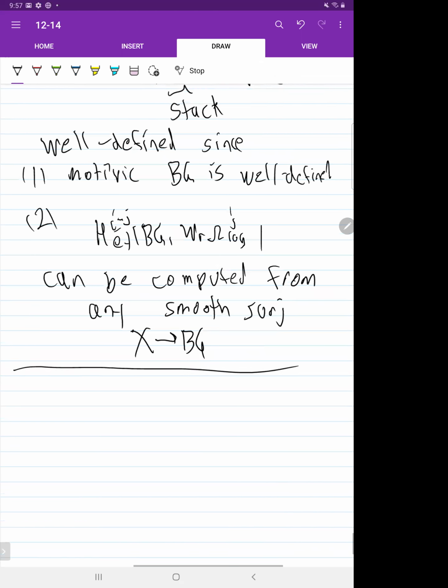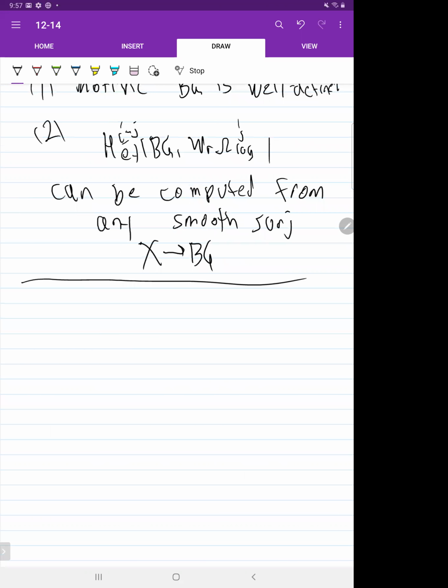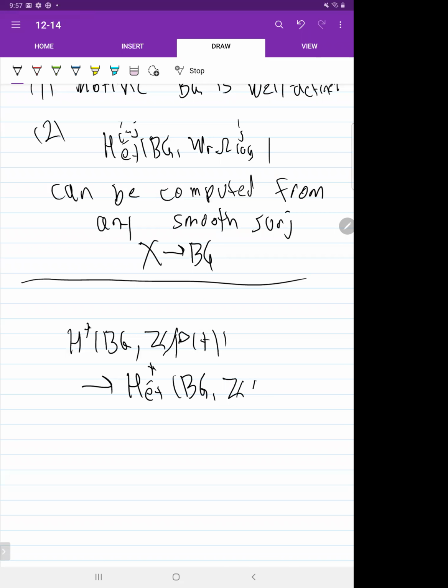And then to wrap things up, I'll just say, so mapping from motivic cohomology with Z mod p coefficients to étale motivic cohomology of the stack, I guess I can show it's injective for some examples.